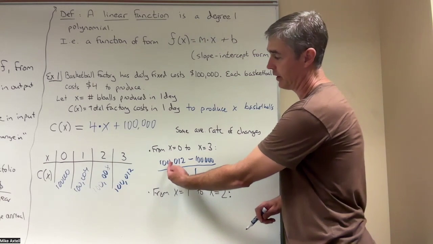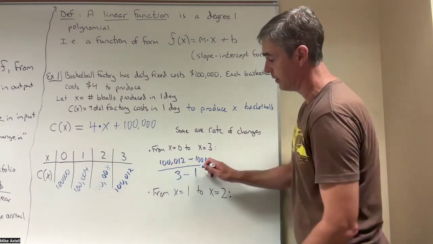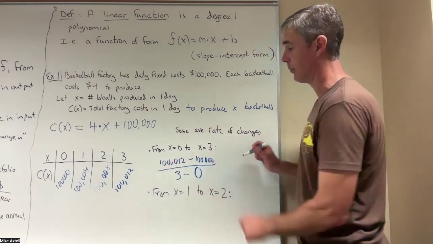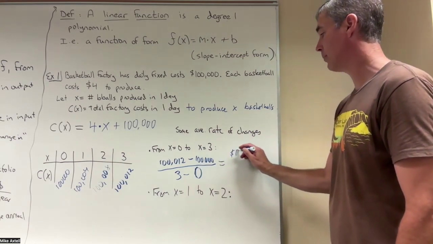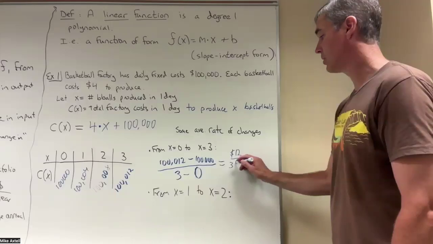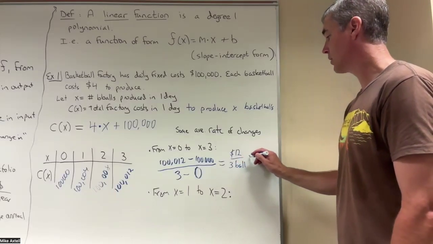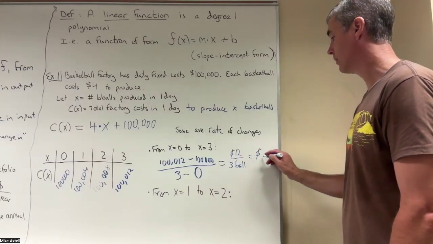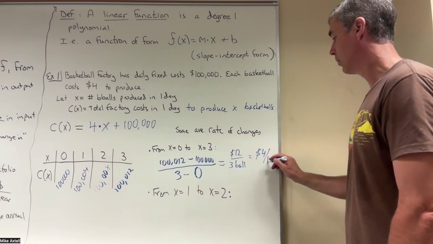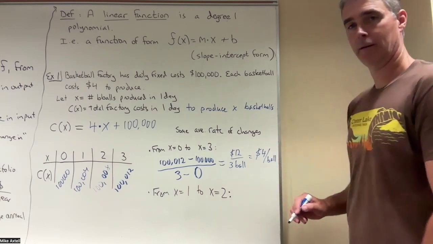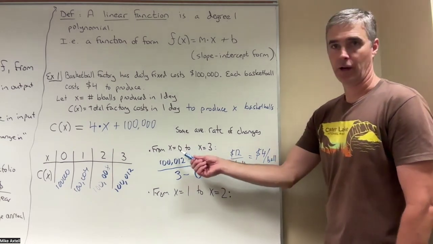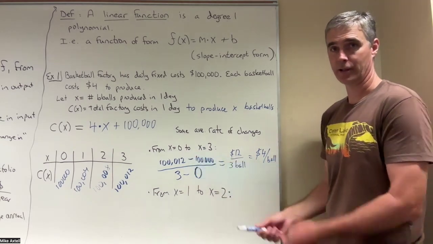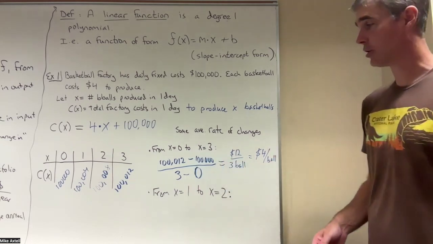I get $12 on top and 3 balls down below. So I get $4 per ball, which makes sense. The average rate of change going from 0 balls to 3 balls is on average a $4 per ball rate of change.